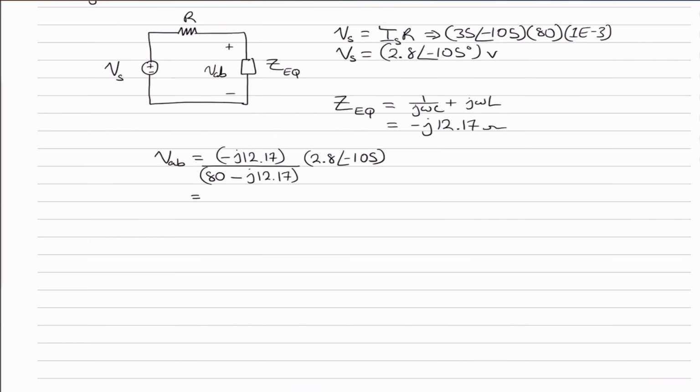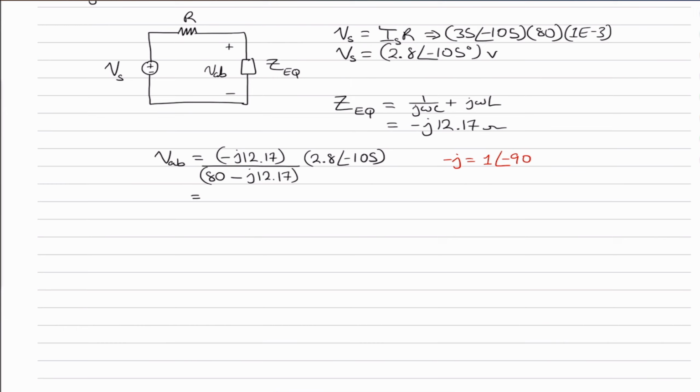We convert that to polar form. So we convert our numerator and denominator to polar form, and then multiply and divide. So in this case a negative j can be written as 1 with an angle of minus 90.